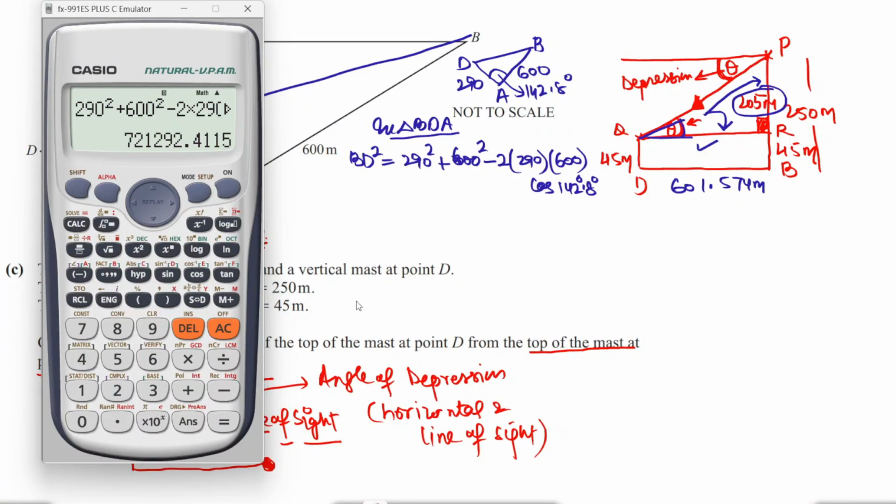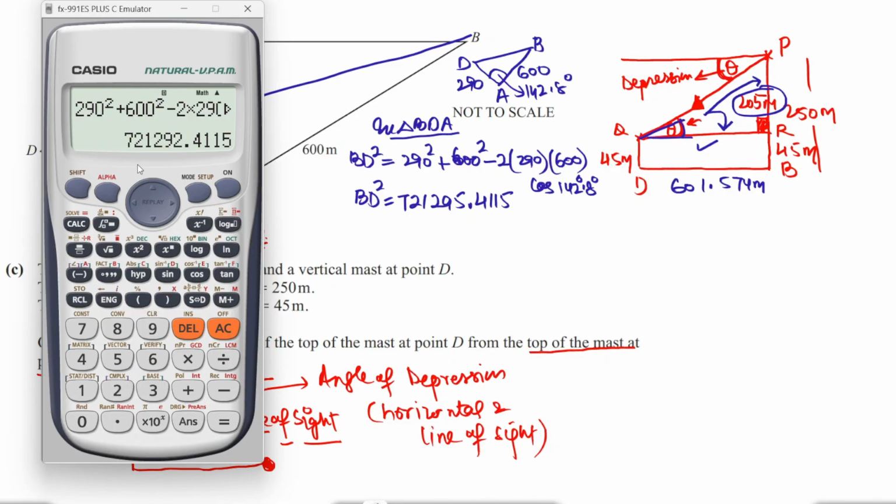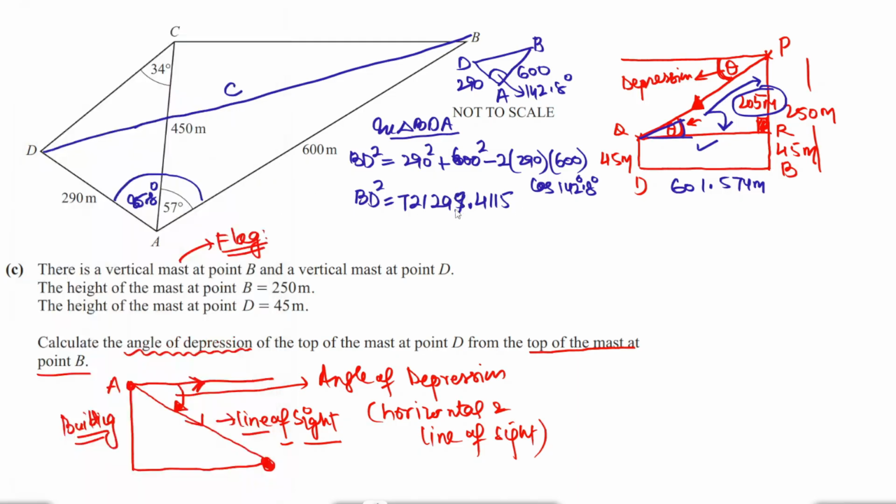We got 721,292.4115. So BD square is 721,292.4115. This is the value I got from the calculator.